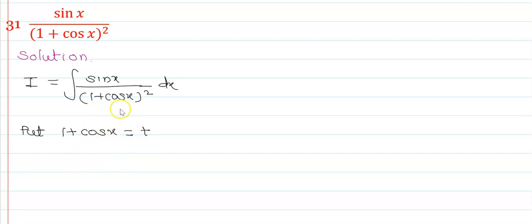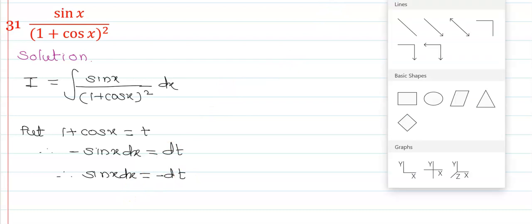Because the derivative of cos x is minus sin x, we can again arrange that negative sign. The derivative of 1 is 0. The derivative of cos x is minus sin x, so minus sin x dx is equal to dt, and hence sin x dx is equal to minus dt. Okay, this is the first part.